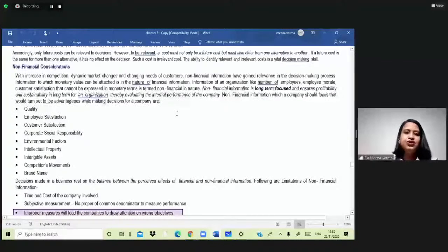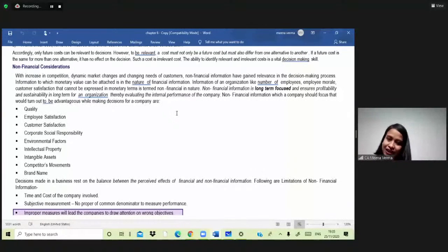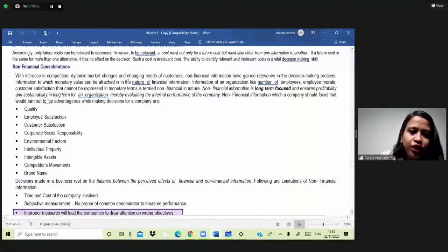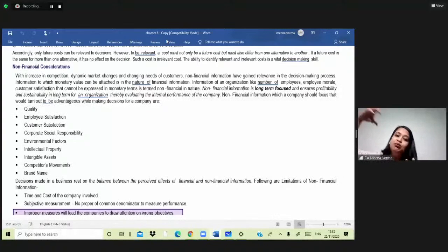Non-financial consideration: whatever decision you are taking, whether this will increase customer satisfaction or not, whether it will increase employee satisfaction or not, whether the organization is following corporate social responsibility or not. The organization will consider whether it will increase the brand name and goodwill of the organization or not.